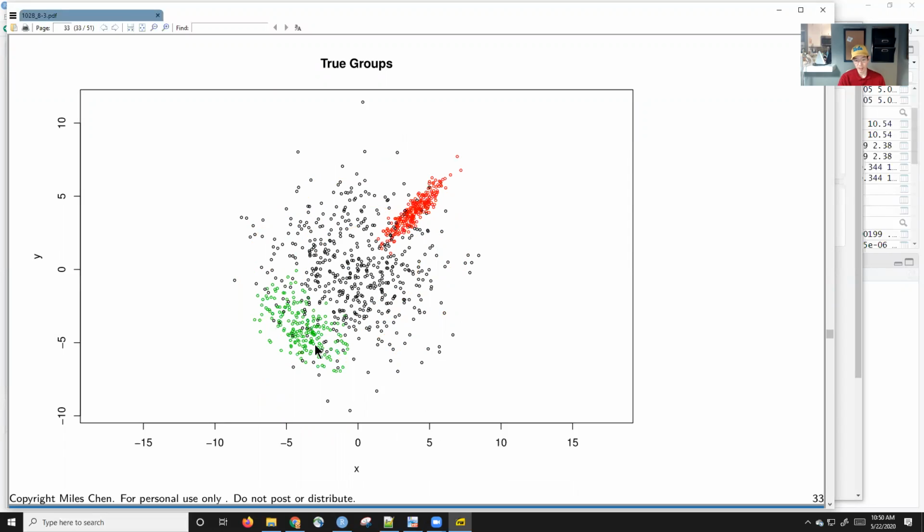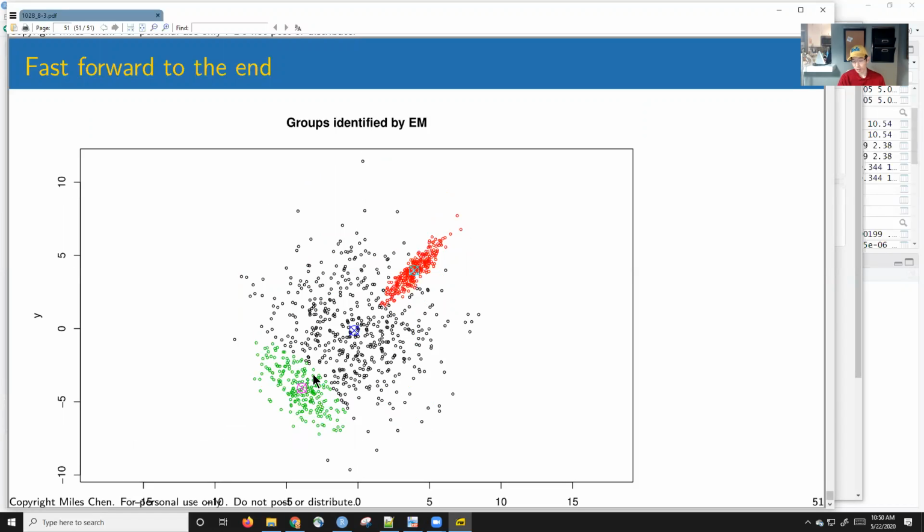Okay, and again, in the true group assignments, this is a mix of green and black, and down at the end, these are all probabilistically assigned to green again, but they are going to be mixed weight between green and black.